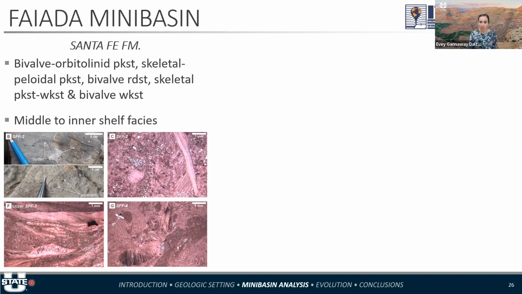You've got some restriction at the base, that is when we have limestones that are basically entirely dominated by either bivalves or orbitolinids, as you can see in some of these photos here. So this is the prograding platform behind that shelf margin that we just looked at in the Sant Gervas mini basin. So we're behind that platform here.